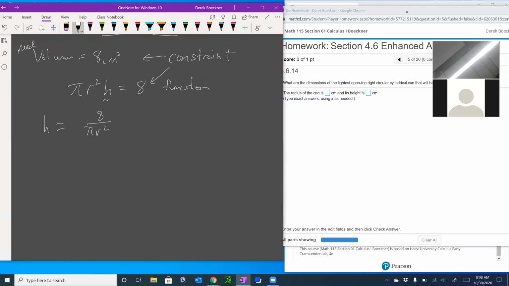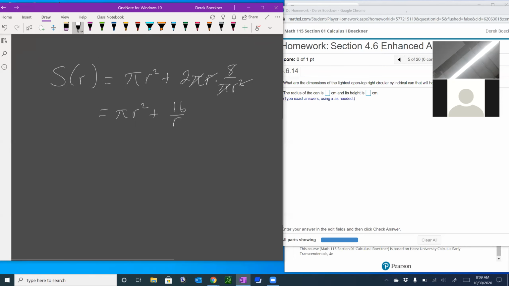And then we're going to get surface area in terms of just the radius, is equal to pi r squared plus 2 pi r times h, which is 8 over pi r squared. So the pi's cancel. One of the r's cancels. Pi r squared plus 16 over r. We want to minimize this.